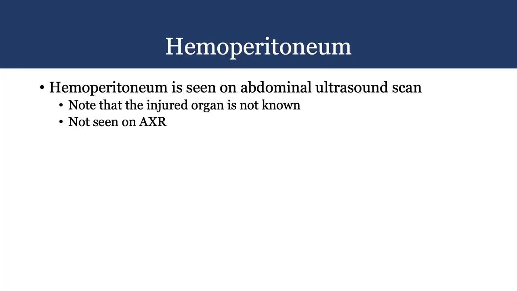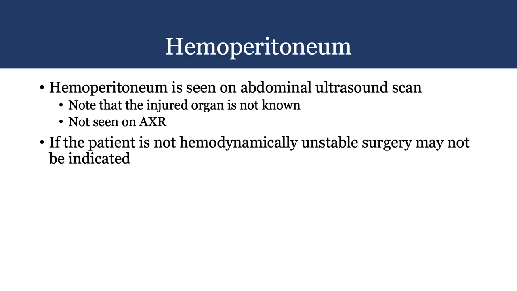So for patients with hemoperitoneum in the initial management, as seen from the ultrasound scan, it's important that the patient who is not hemodynamically stable receive surgery. For patients that are not hemodynamically unstable, surgery may not necessarily be indicated despite injuries demonstrated on the investigations shown above.